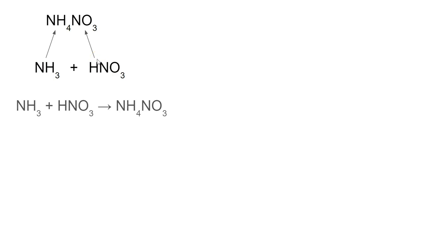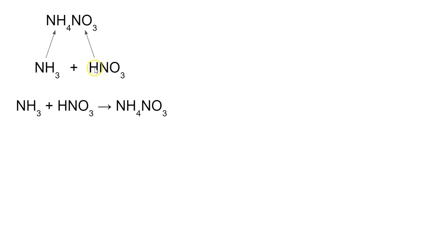We are creating fertilizers, and the first fertilizer that we need to create is ammonium nitrate. I get ammonium nitrate when I add ammonia to nitric acid. Here is my balanced equation for this reaction. If you look at it closely, you see it's not so difficult to figure out.